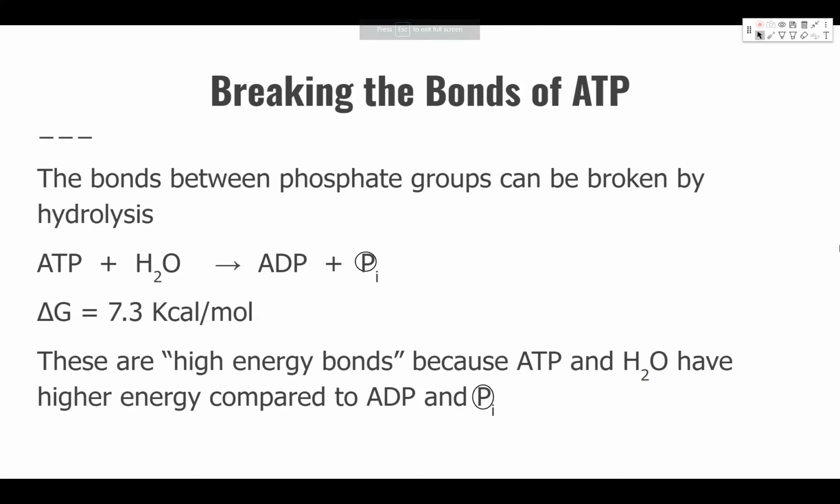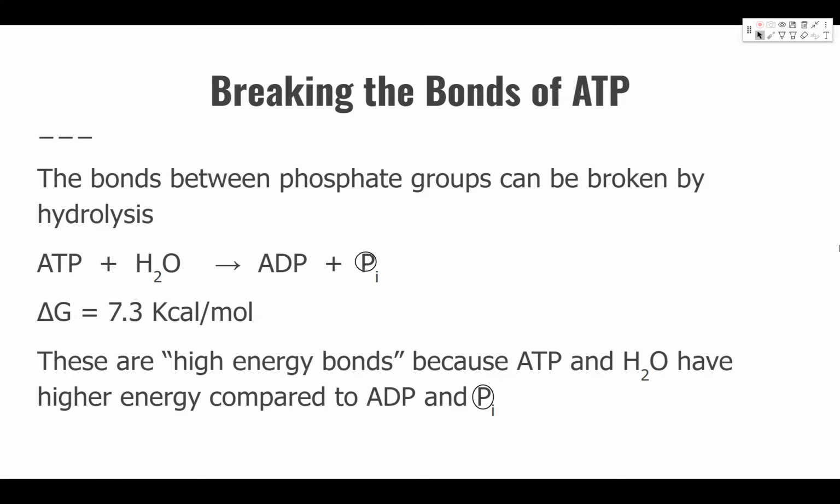When we break the bonds in ATP, we do so through hydrolysis. Remember, hydrolysis is using water to break things apart. It was one of the things that we used to break apart our monomers when we talked about our macromolecules.